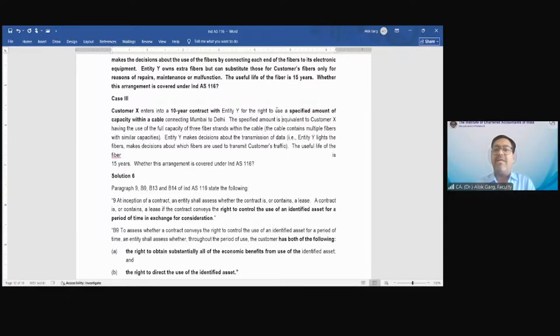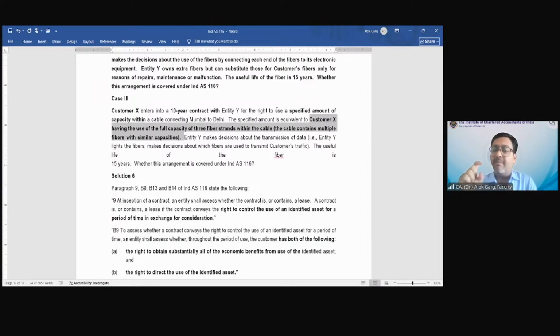The specified amount is equivalent to customer X having the use of the full capacity of 3 fiber strands within the cable. The cable contains multiple fibers with similar capacities.